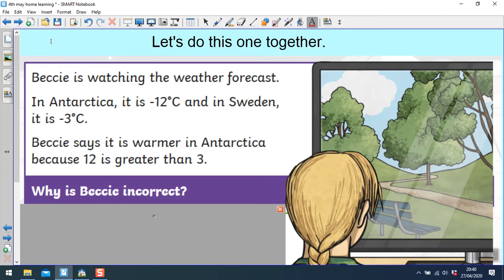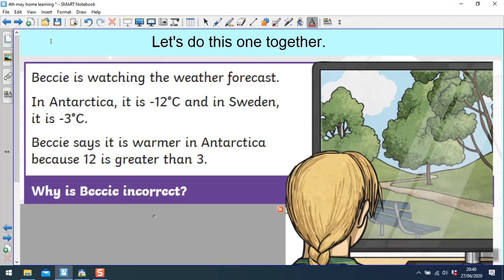Let's do this one together. Becky is watching the weather forecast. In Antarctica it is negative 12 degrees and in Sweden it is negative 3 degrees. Becky says it is warmer in Antarctica because 12 is greater than 3, which we know is wrong. Yes, 12 is greater than 3, but that doesn't mean that negative 12 is greater than negative 3.